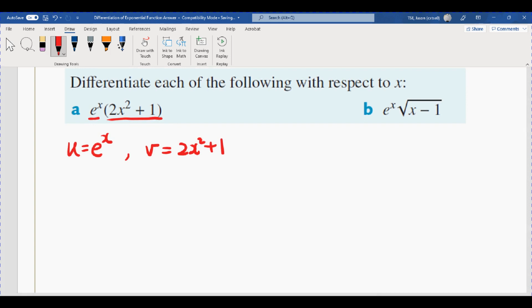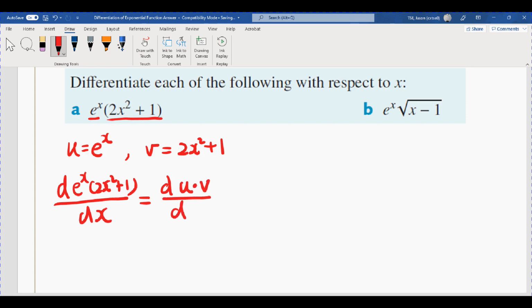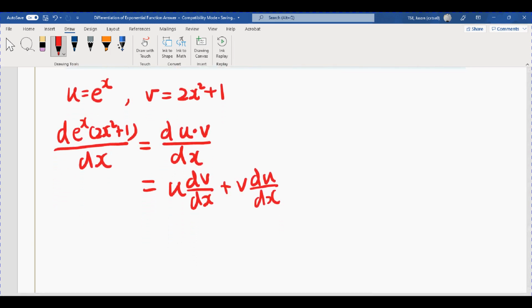Okay, so when I differentiate this whole thing, what I'm doing is actually u times v. Then I just copy everything.